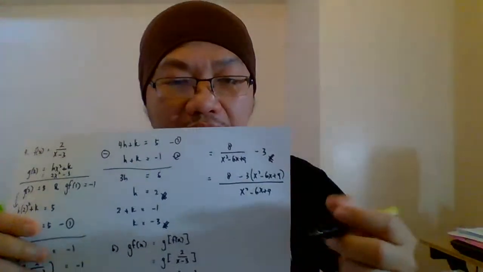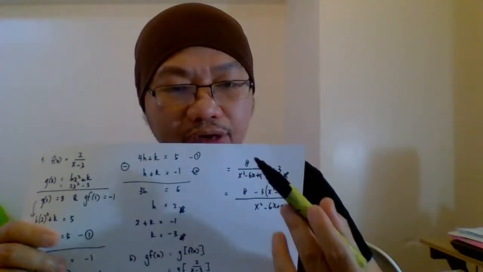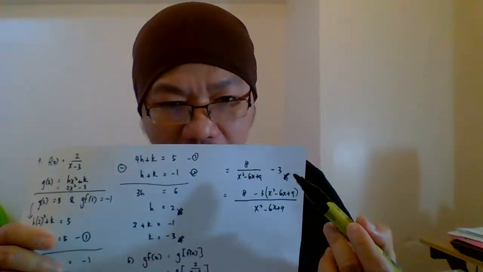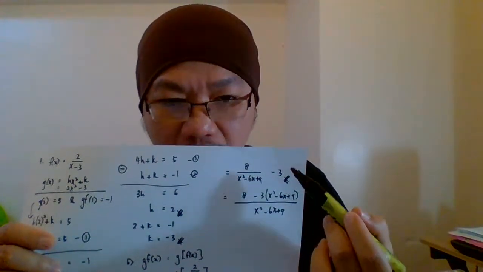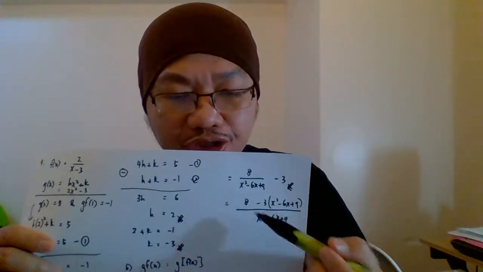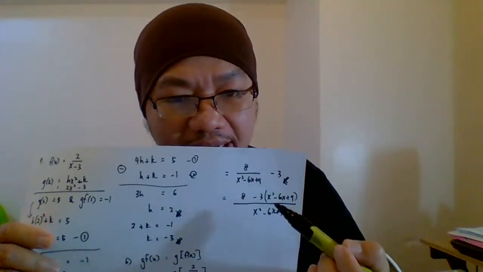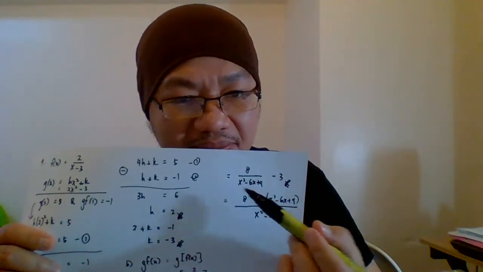Okay, I told you on the previous question, if we have a fraction minus a number, we cannot stop here. We must simplify the number so that it becomes a single fraction like this. So just times the denominator with 3, then it becomes this one, and over the same denominator, and solve it.